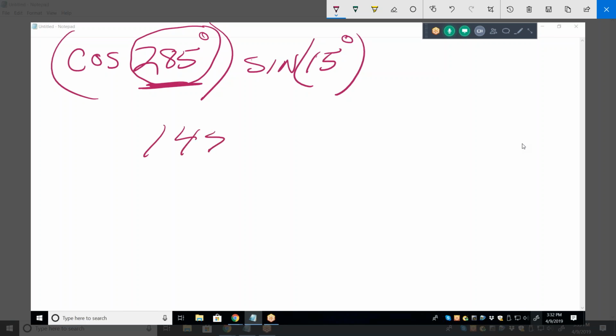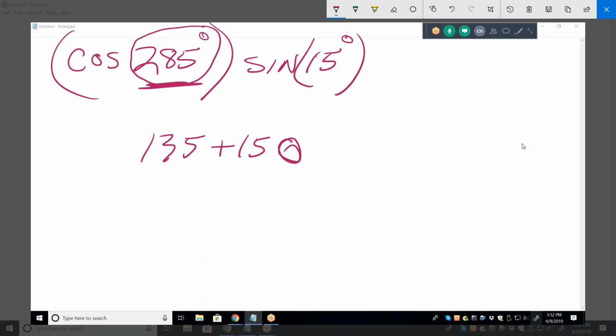In other words, we know the common angles. That's going to be 135, so that's 135 plus 150. We know those two.